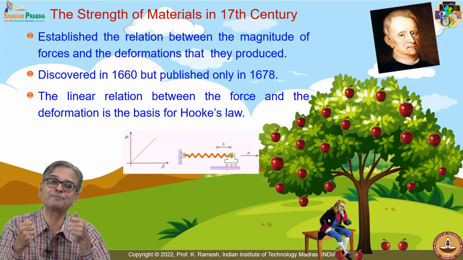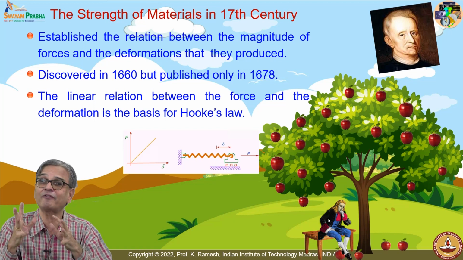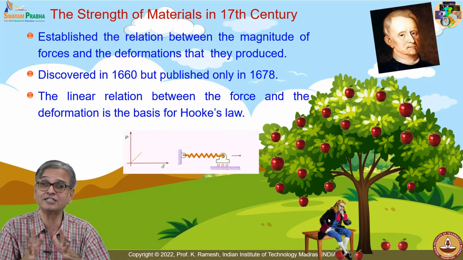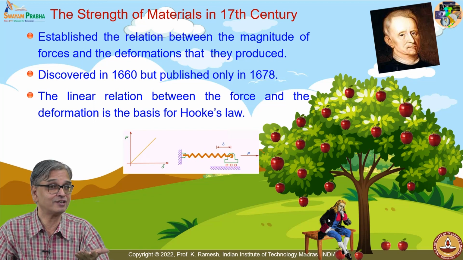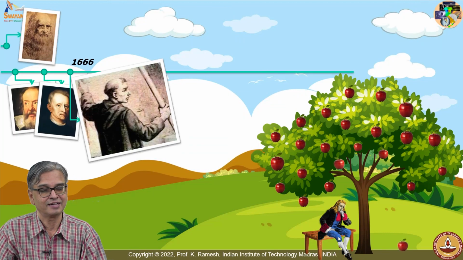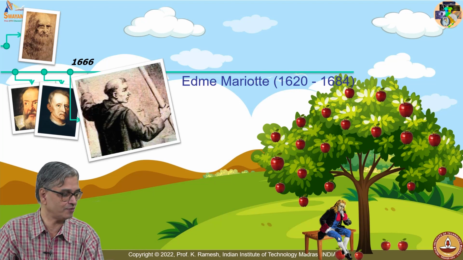There were fights that people want to say, I have done it first. And they have also camouflaged these results as anagrams. See, knowledge is power. They were not willing to disclose. Imagine, 18 years he has not published the result. Then you have Mariotte, 1620 to 1684.